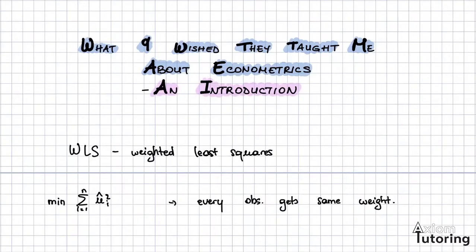A noisy observation counts just as much as a precise one. And under heteroscedasticity, that's inefficient. We're treating unreliable data the same as reliable data. OLS is still unbiased under heteroscedasticity, but it's no longer the most efficient unbiased estimator.